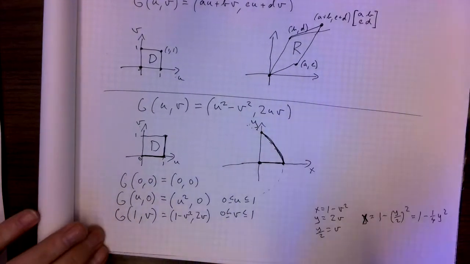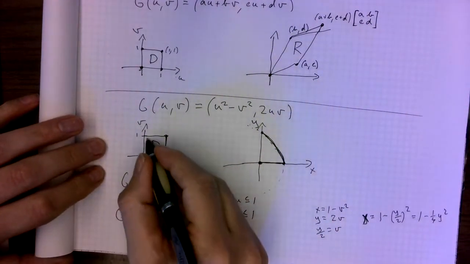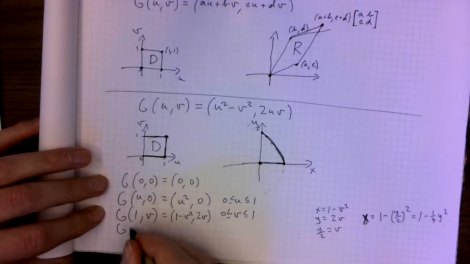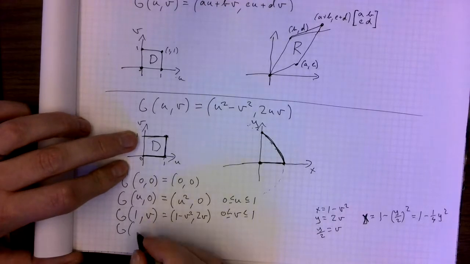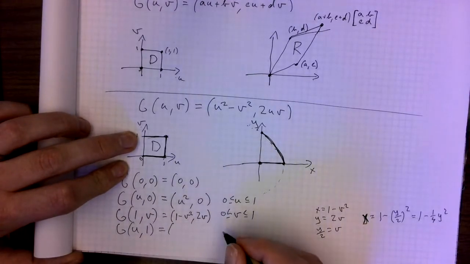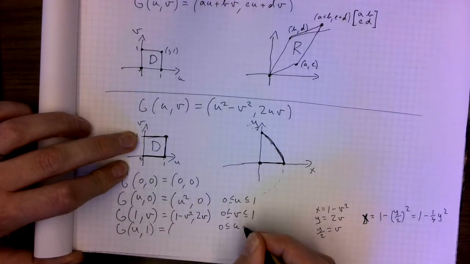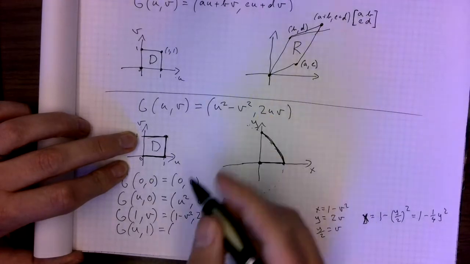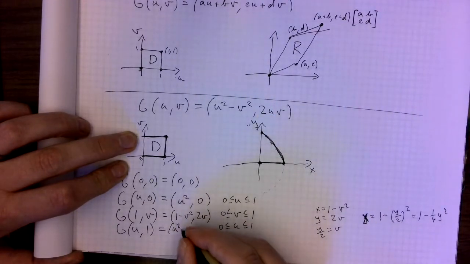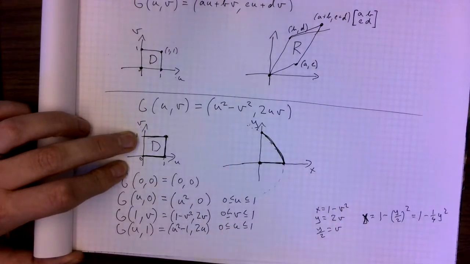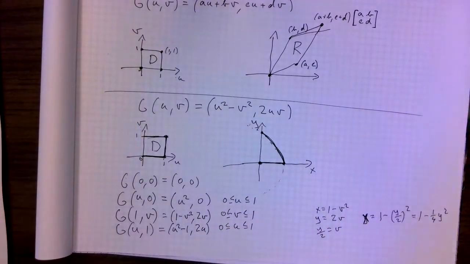All right. So now we do a similar thing on this side. This is G of, well, this is when V is 1 and U is now between 0 and 1. V is 1, so this is U squared minus 1, 2U. It's basically, instead of an upside down parabola, a right side up parabola.